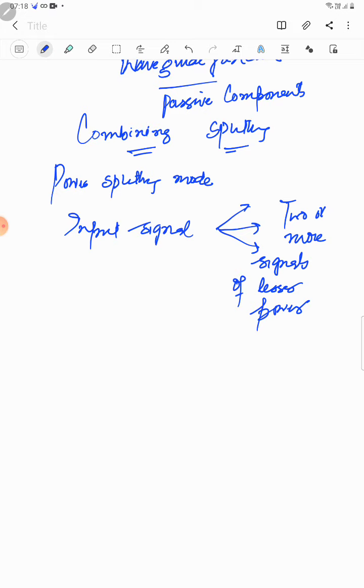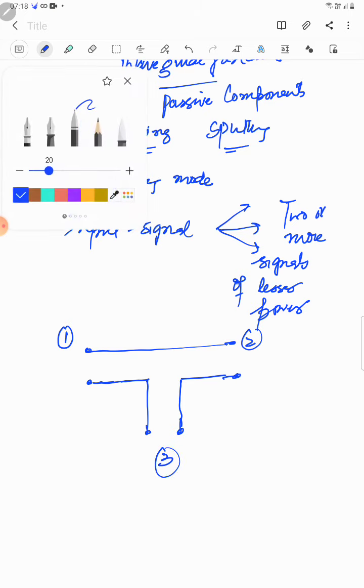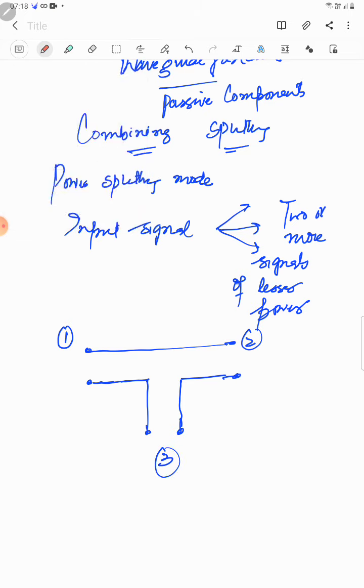For example, let's consider a simple waveguide junction. It has three ports: port 1, port 2, and port 3. Say, for example, a signal is fed at port 3.